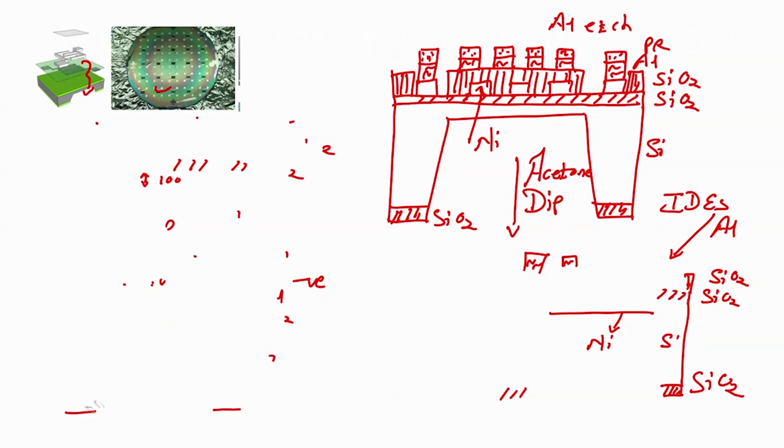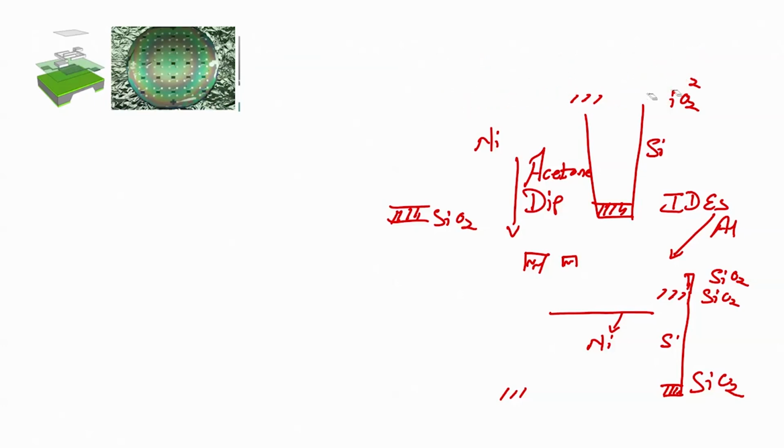So, last step would be to deposit a sensing layer, and our sensing layer would be indium tin oxide. It can be any other layer, it can be any metal oxide, it does not matter. It can be a nanostructure of metal oxide, or a thin film of a material, right. Whatever sensing layer you want to use, depending on what gas you want to sense, you can use that particular sensing layer.